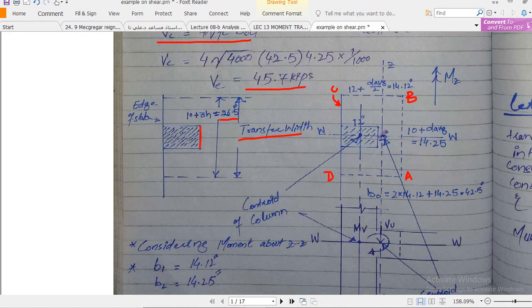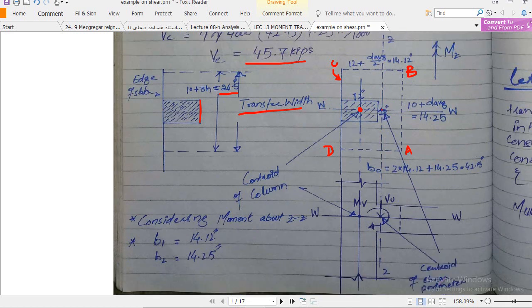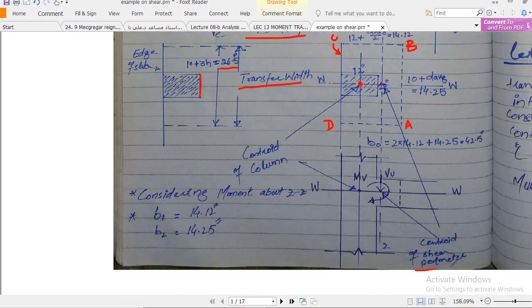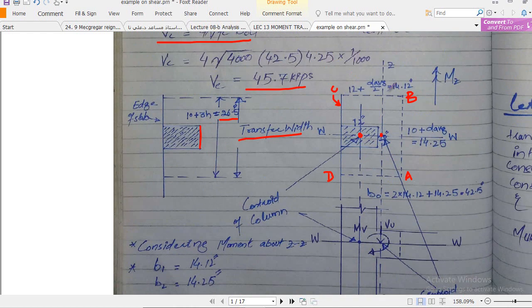Here you see this is my 10 inch and this is my 12 inch, and the dotted line you see here is the centroid of the column, right? And the point by intersecting of the W axis and Z axis is known as the centroid of the shear perimeter, right? Remember, here we are assuming the moment about the Z axis.